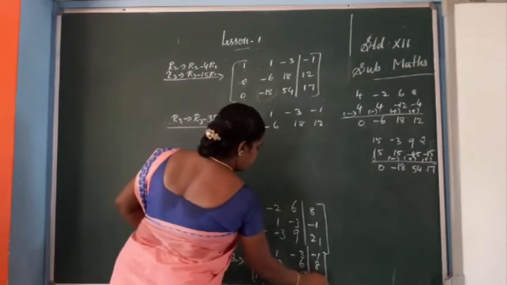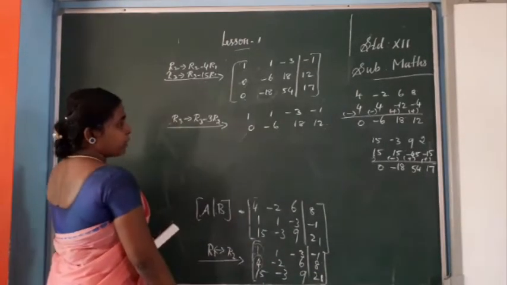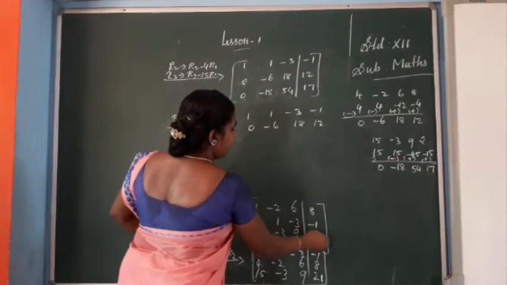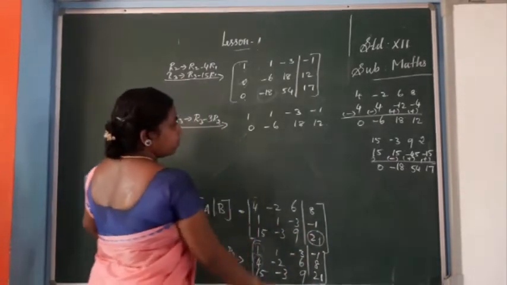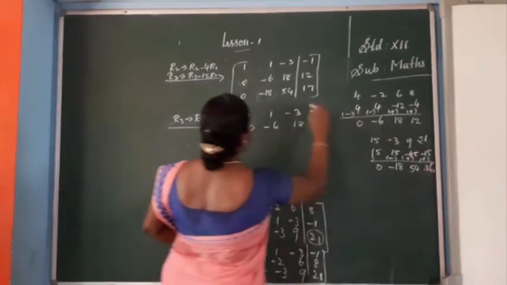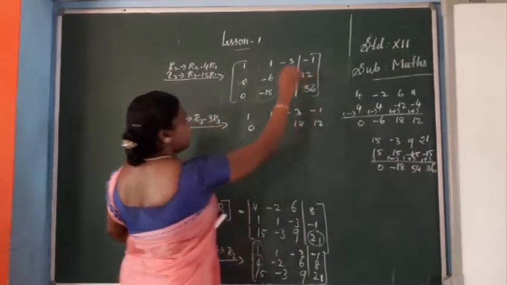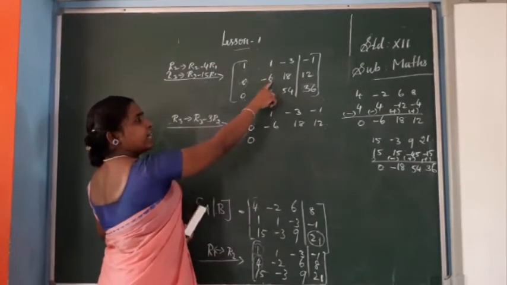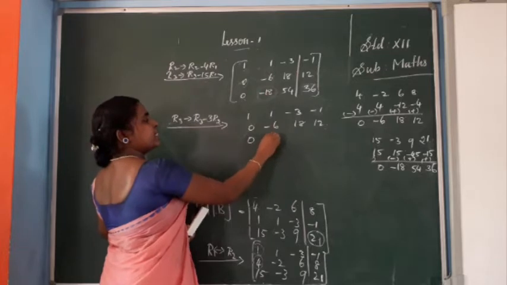Sorry, this is 21, okay? Not 2, 21. So 21 plus 15 is 36. Okay, now 0, you multiply 6 3s are 18, okay? So 18 minus 18 is 0.